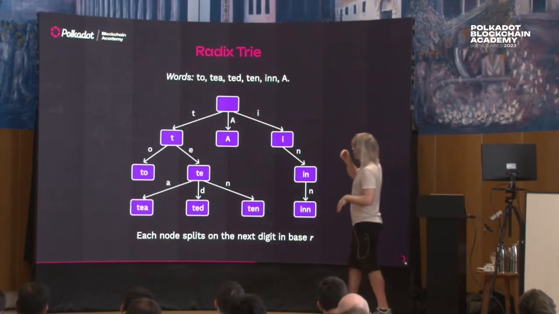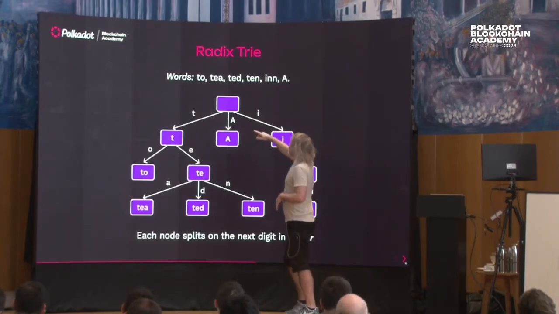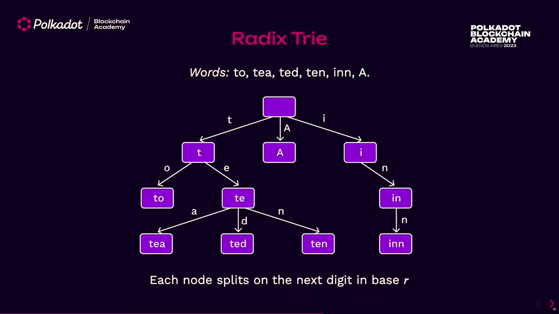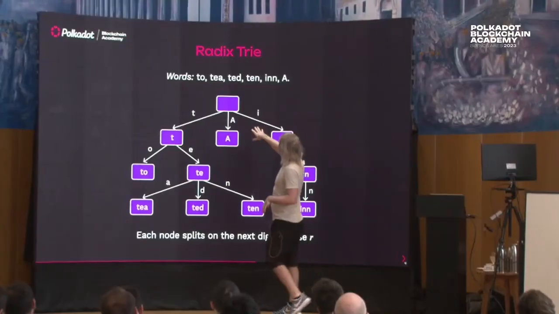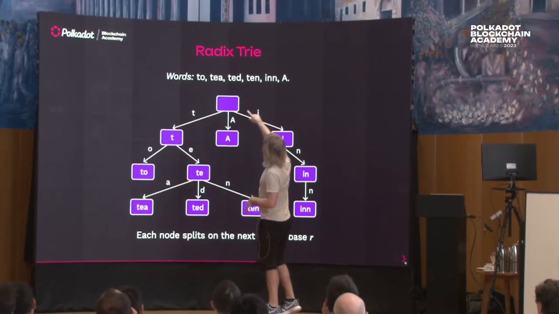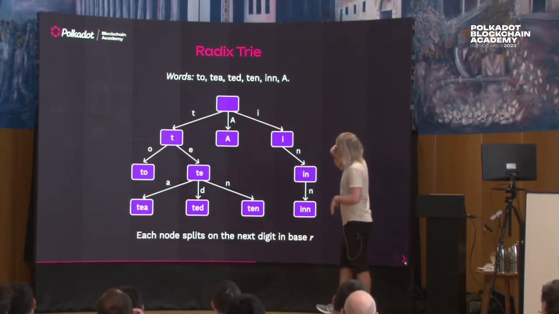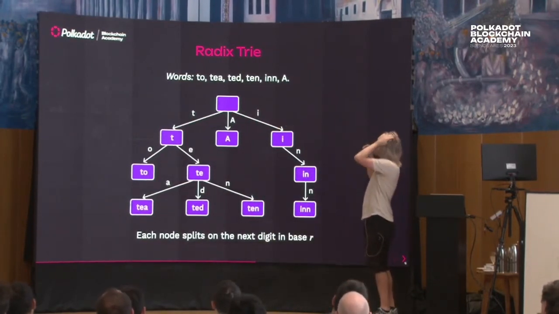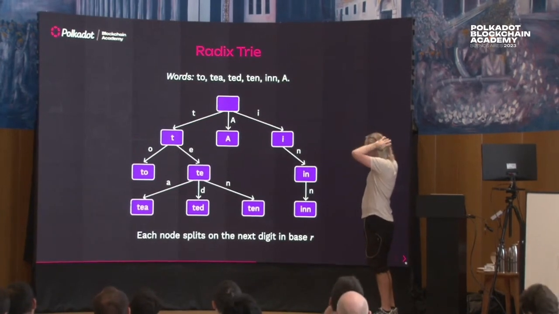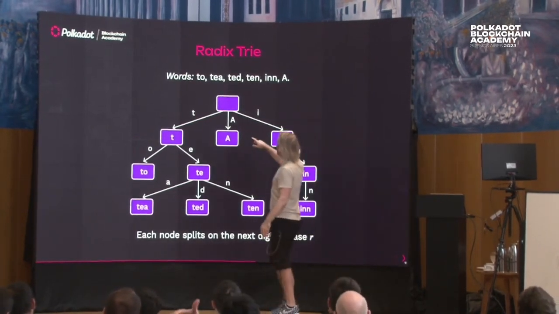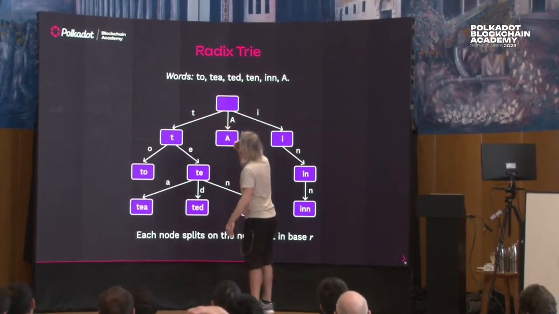So here's an example of a radix trie. It's a radix trie of a key-value database. It's very, very simple, with six words in it. And it's doing it one character at a time.